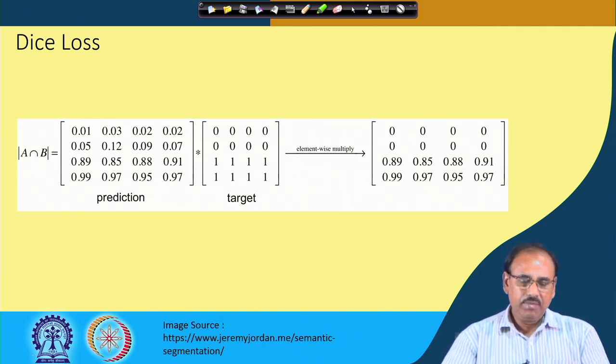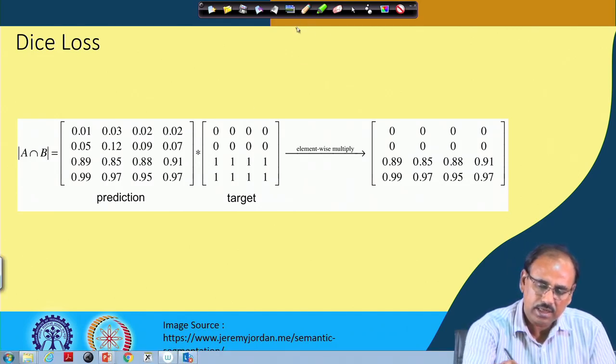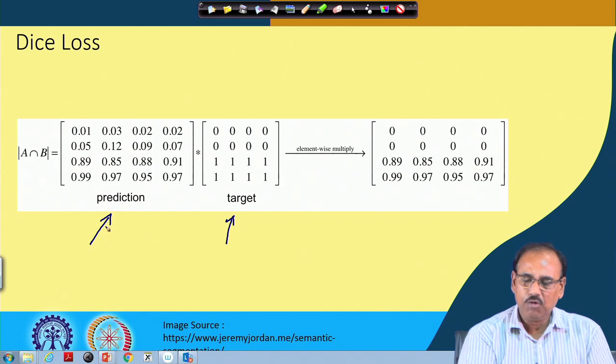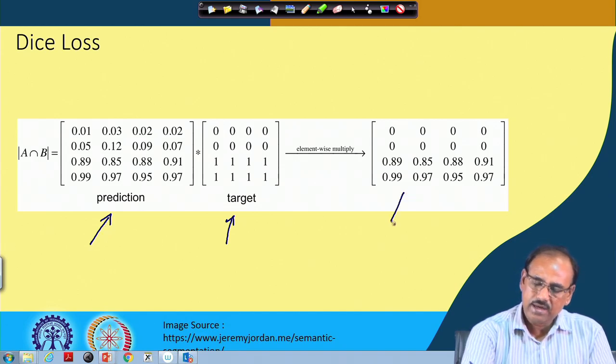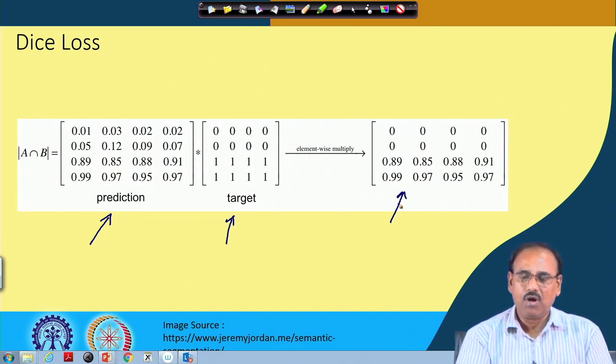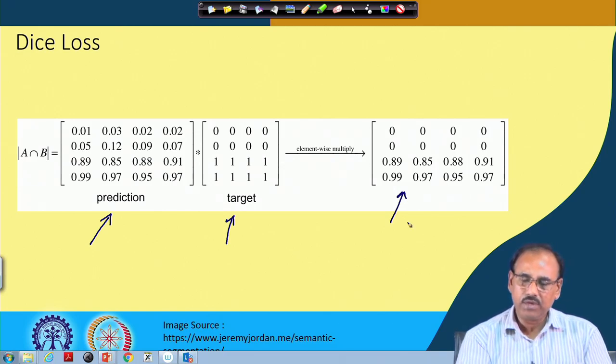This is my target array, and this is the array that is given by the network. You multiply these two, then your A intersection B becomes this. In order to find out the cardinality, you simply take the sum of all the elements in this array, which has been obtained by element-wise multiplication of the components of A with the corresponding components of B.